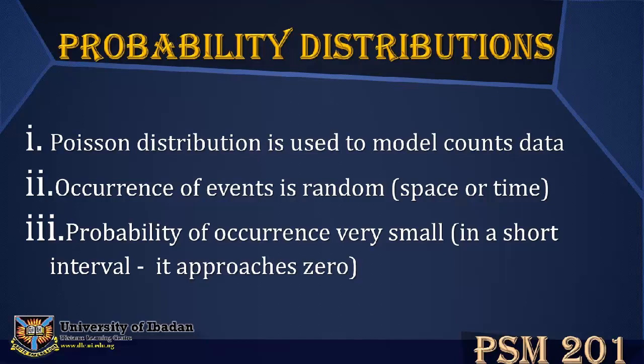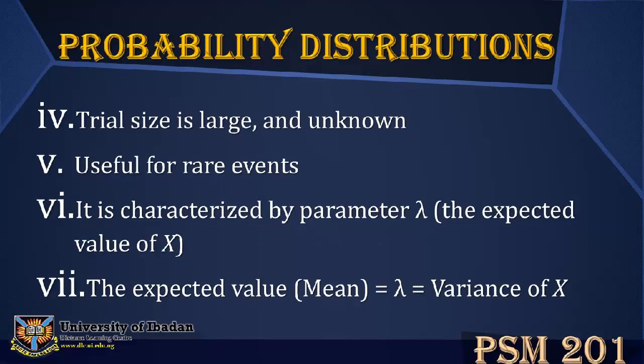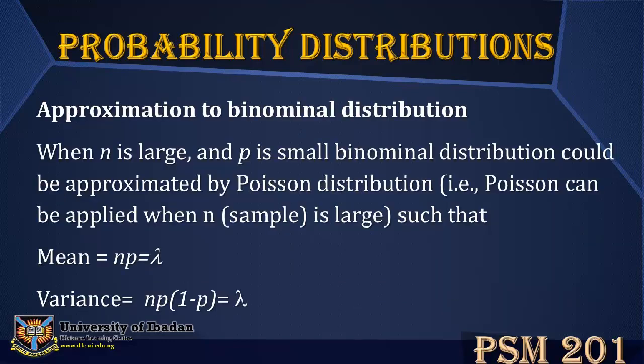Probability of occurrence is very small; in a short interval, it approaches 0. Trial size is large and unknown. Useful for rare events. It is characterized by parameter lambda, the expected value of X. The expected value, the mean, is equal to lambda, which is equal to the variance of X.